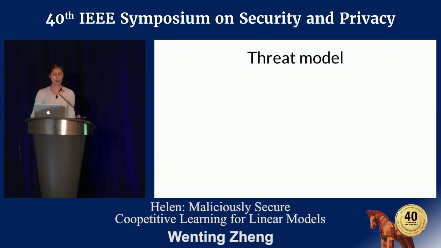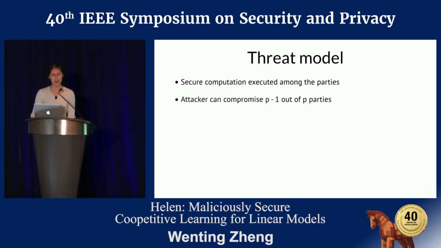The desired properties from the previous page roughly translate to the following threat model. You have the secure computation done among all these parties, among the banks themselves, for example. We assume that the attacker who can compromise a subset of these parties can compromise P-1 out of P parties.